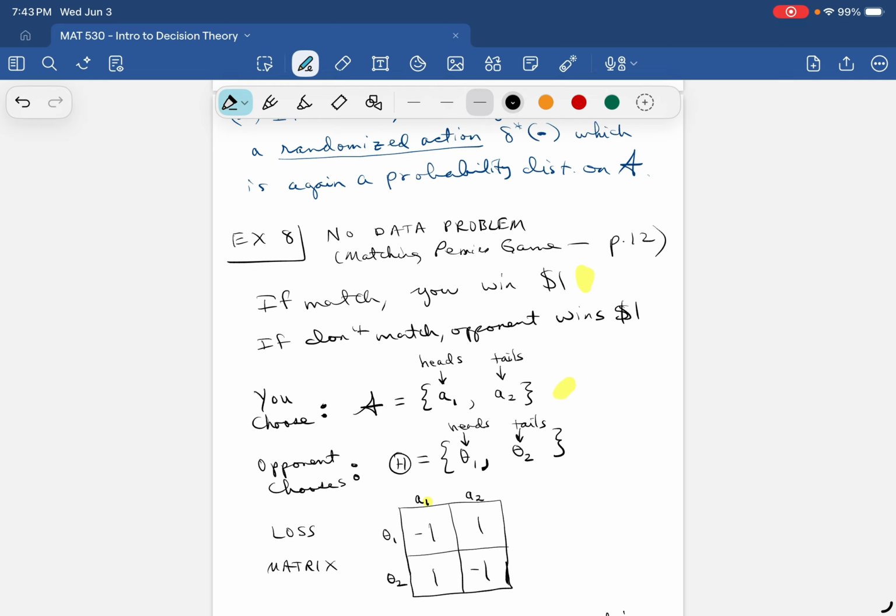But nowadays, of course, there are random number generators, and so one way you could do that is you could randomly generate a number between 0 and 1. And if that number that's generated is less than or equal to 1/4, then you could choose heads, and if it's between 1/4 and 1 inclusively, then you could choose tails.